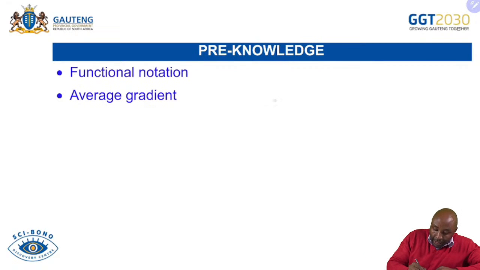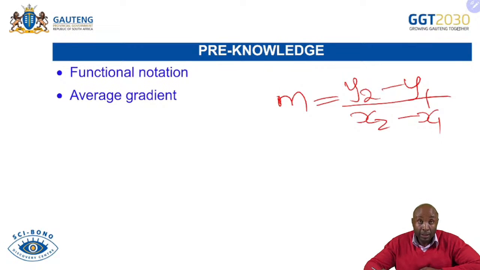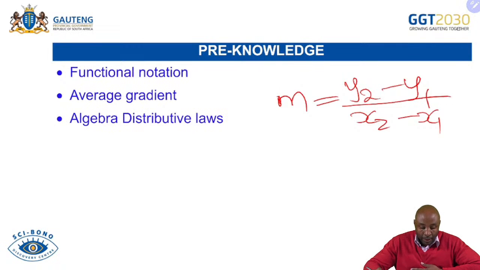We know that our gradient m is given by y2 minus y1 over x2 minus x1 from our analytical geometry. But now we are going to be looking at average gradient, as we will be dealing with curves and functions and no longer ordinary straight lines.